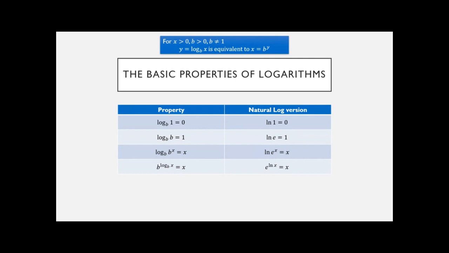If you are doing the natural log of e to the x, again the natural log and e cancel out, and you're just left with x. If they're in the reverse order, e to the natural log of x, those cancel out and you're left with x. The rules are the same, it's just a different symbol because now we're using the natural log symbol, and the base is specifically e. You just have to keep that in mind when you're working with these.